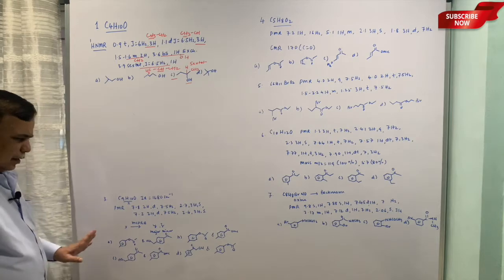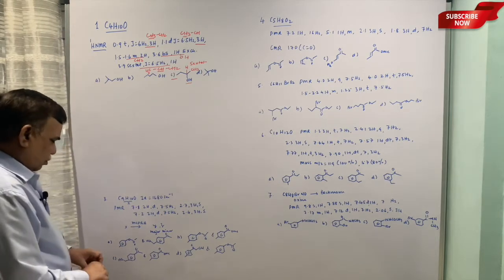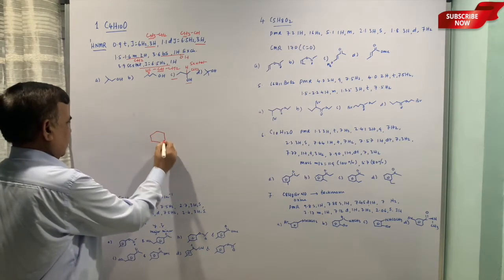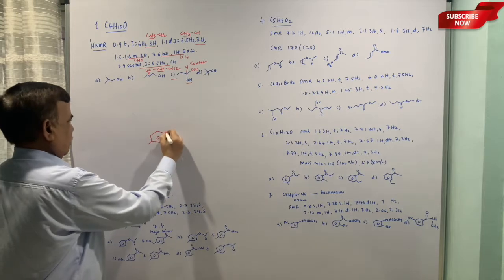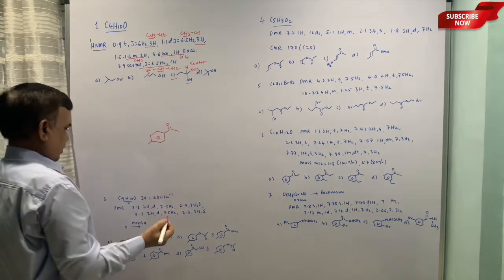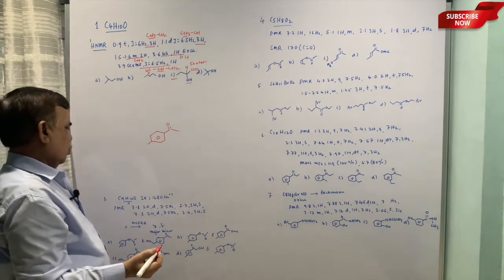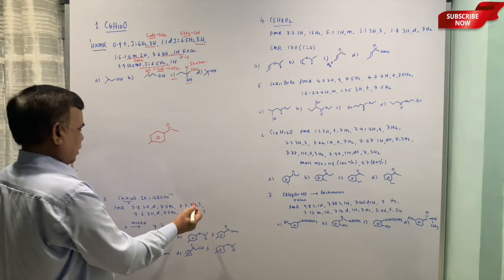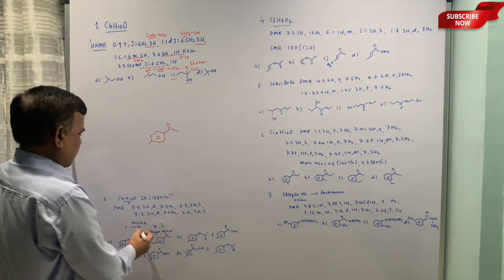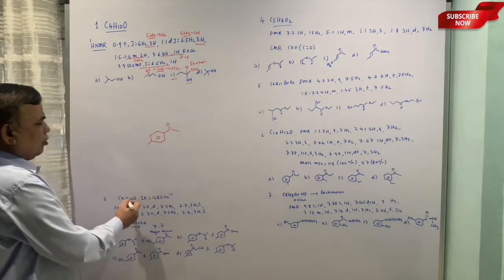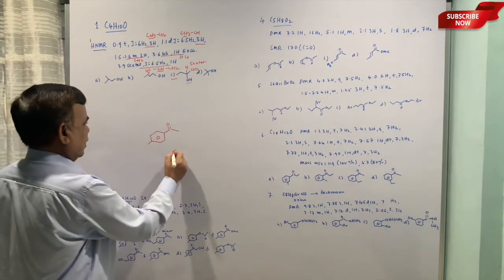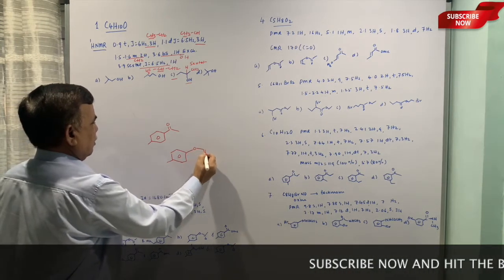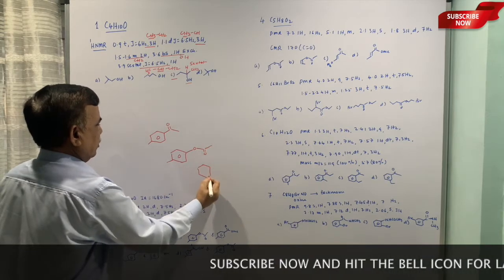If you look at these compounds carefully, this is the compound we are dealing with, C9H10O. They are asking about Y and Z, not about the original compound. You can get two isomers. This will be the major compound and the other would be the minor compound.